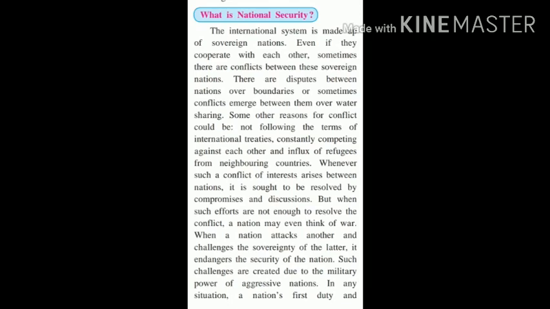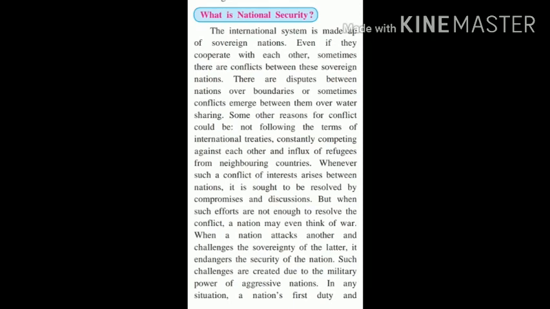Some other reasons for conflict could be not following the terms of international treaties. Treaties means agreements. If a country is not following the treaties or agreements, then there could be conflicts. Then, constantly competing against each other: if two countries are constantly competing with each other, then definitely a dispute can arise between them.